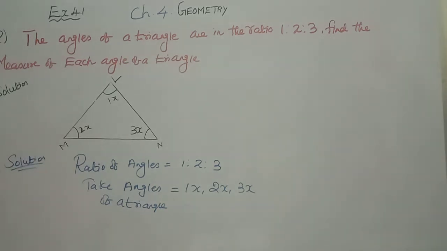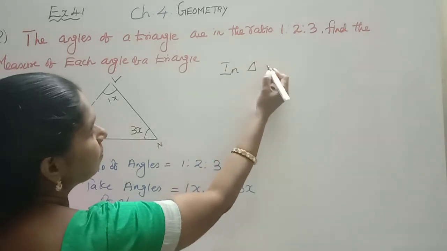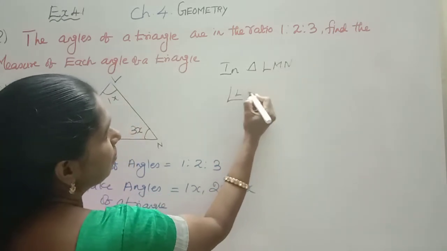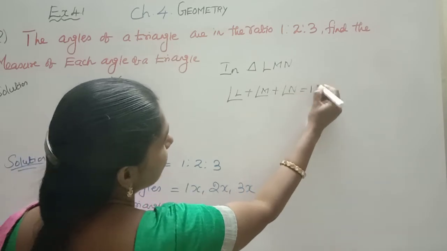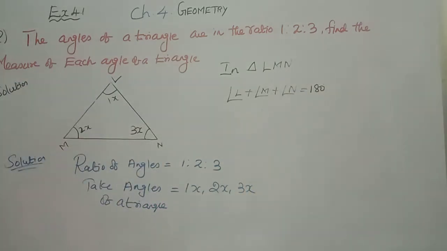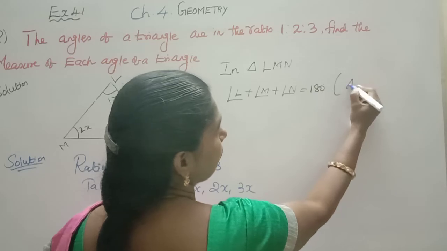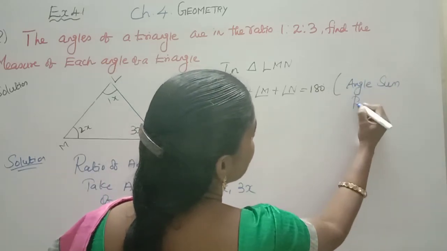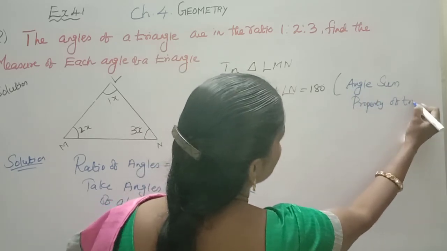And now you know the angle sum property of a triangle. Therefore, in triangle LMN, we can say angle L plus angle M plus angle N is equal to 180 degrees, because of the angle sum property of a triangle.